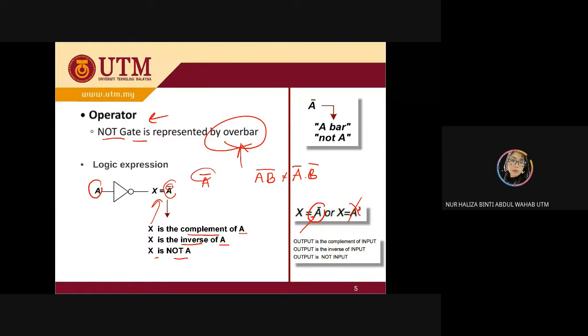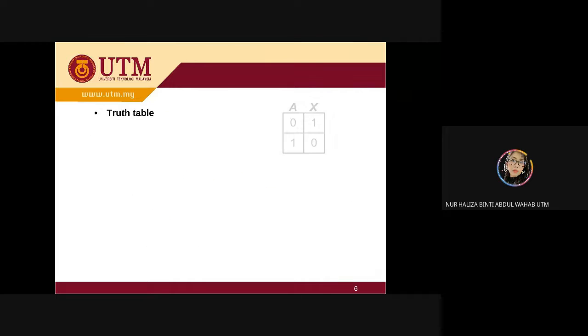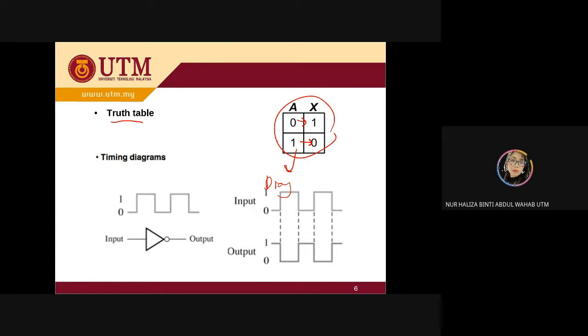after you have the operation, you also have the truth table. The truth table is very simple because you have only two possibilities, which is 0 to 1, 1 to 0. And after the truth table, from this table we can represent it as a diagram, or timing diagram.